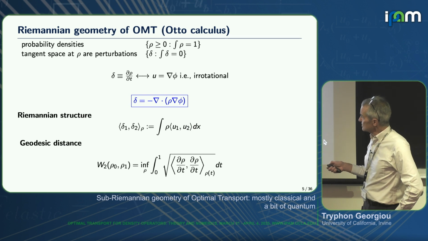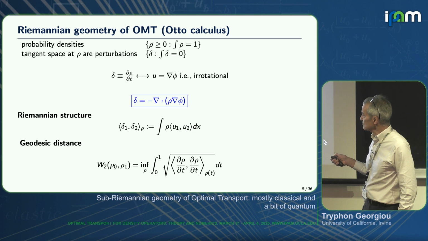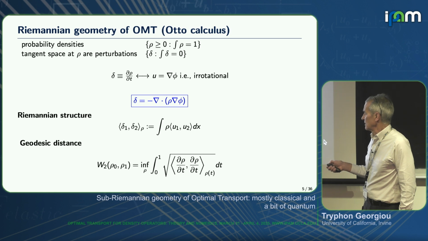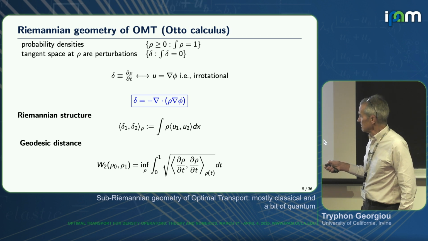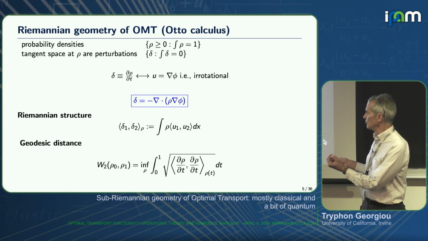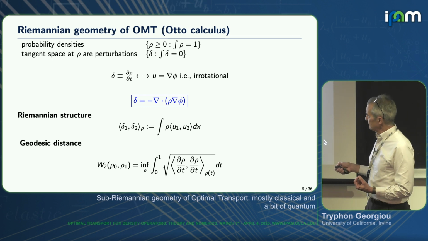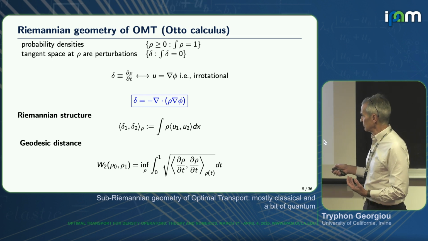The tangent space, the perturbations of rho that retain this property, they have to integrate to 0. So intuitively, such perturbations form the tangent space. So the interesting way of looking at it is that instead of putting the metric directly on the deltas, you correspond to that a vector field that infinitesimally will move you in that direction. And that vector field can be computed by solving the Poisson equation.